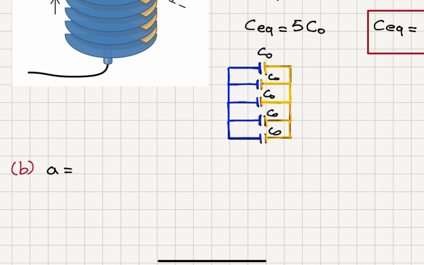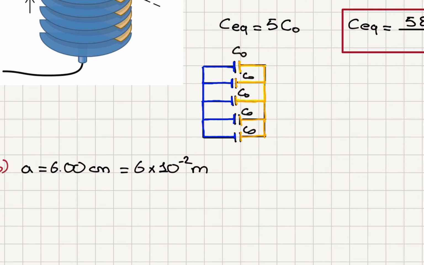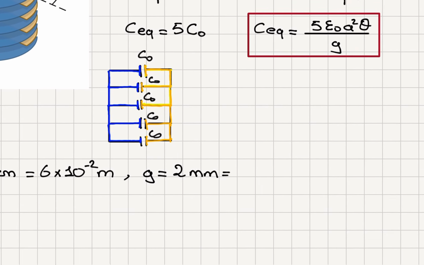A is equal to 6 centimeters, which is 6 times 10 to minus 2 meters. The gap distance G is 2 millimeters, which is 2 times 10 to minus 3 meters.